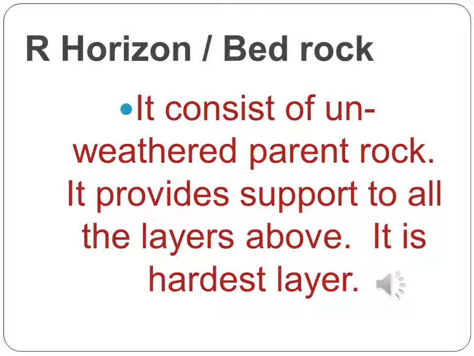After the weathering of the unweathered bedrock part, the parent material is formed, and this layer is situated very deep under the earth, and this layer serves as a supportive layer for all the other layers present above it. So this is the hardest layer of the soil.